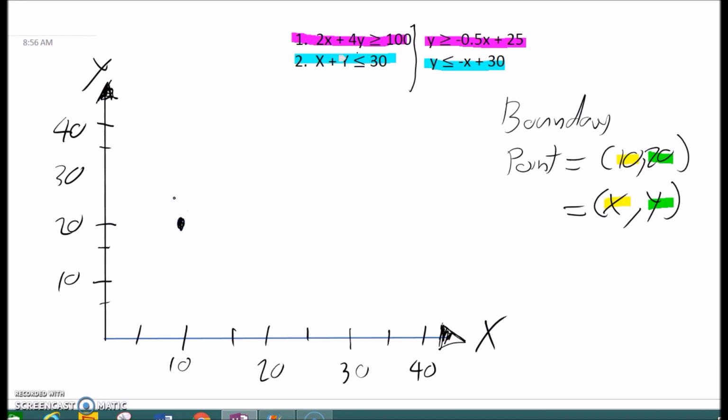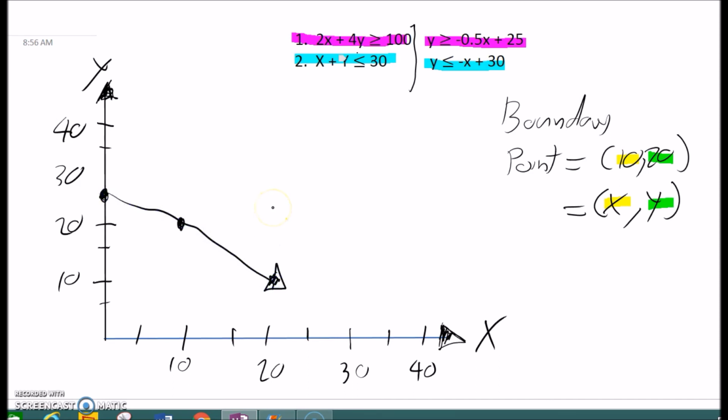And then we're going to start by graphing the first equation, which is y greater than or equal to negative 0.5x plus 25. In this case, they are both linear, so we know that it's a straight line, and the y-intercept for the first equation is at 25, which is right here. And then that would be the line for the first equation.